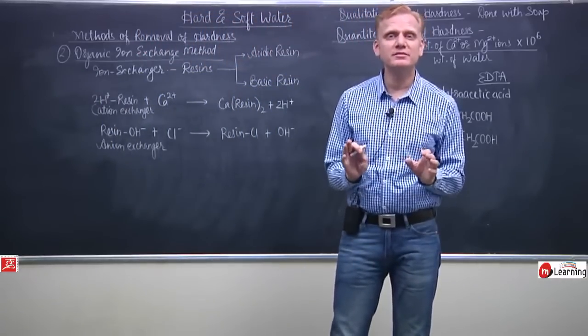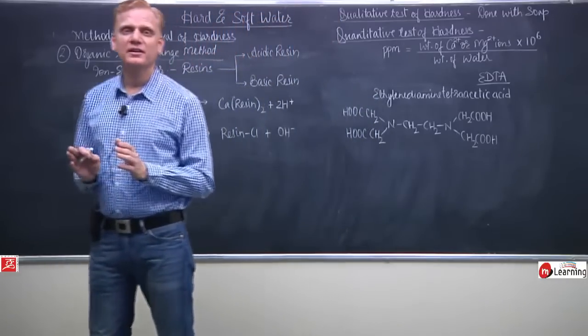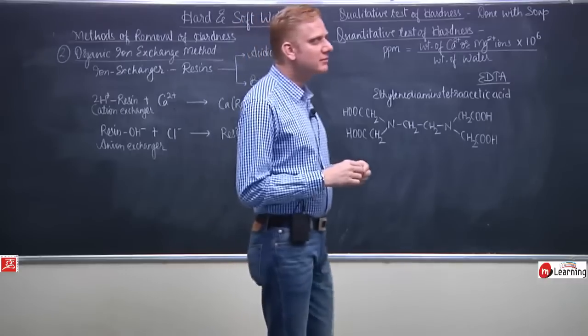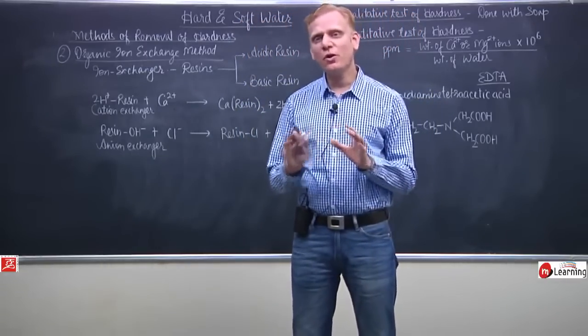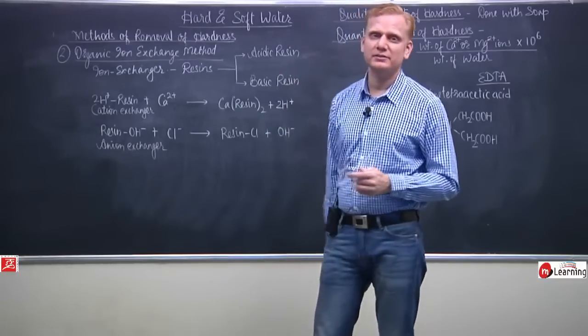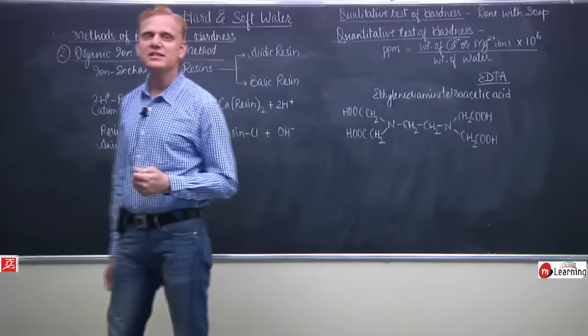Number of times this type of questions are asked. When you will go through the previous year questions, you will find number of questions in almost all competitive exams based on this topic. So it is one of the very happening topics, that is the concept of hard and soft water.